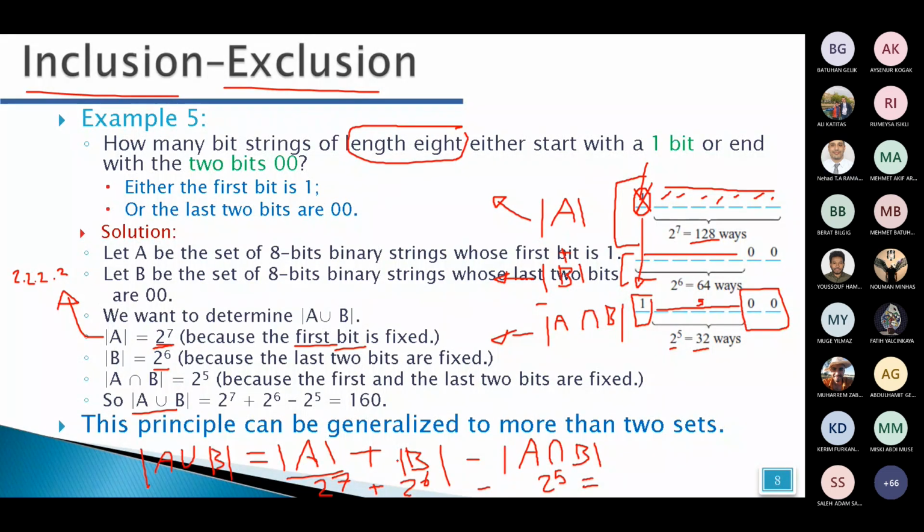So we have 2 power 8, which is actually not... 160, I think. 128 plus 64 minus 32, so 160, yes. So this is the number of ways to do the task.